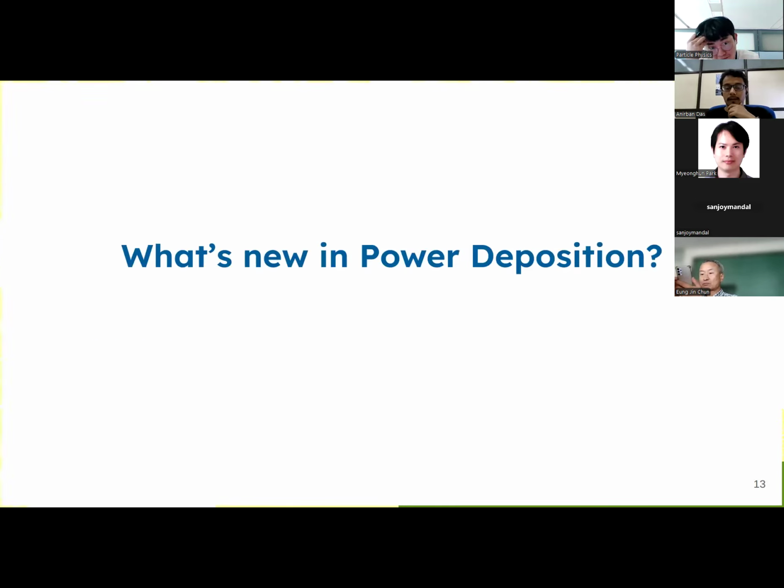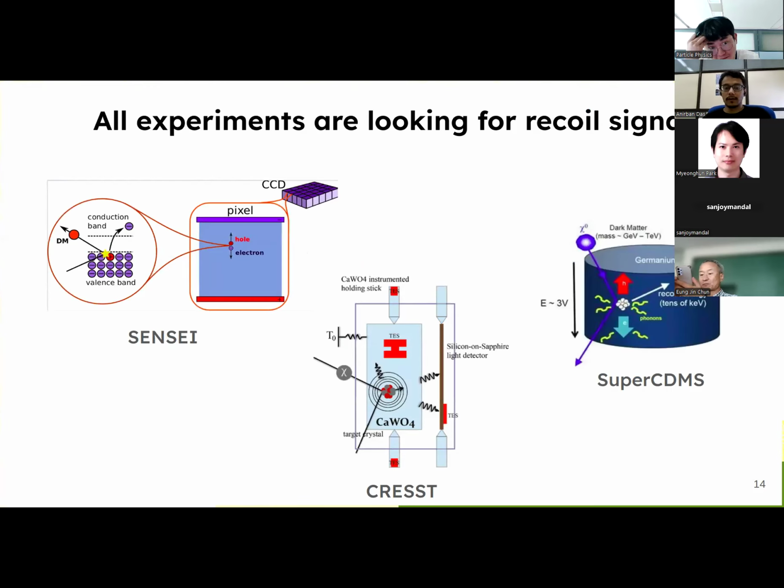Now let's get to our proposal of using power deposition. To differentiate this from the conventional techniques: here are just a few other experiments currently going on in the sub-GeV range, SENSEI, DAMIC, Super CDMS. But similar to the xenon-like experiments, they are also looking for single recoils of dark matter.